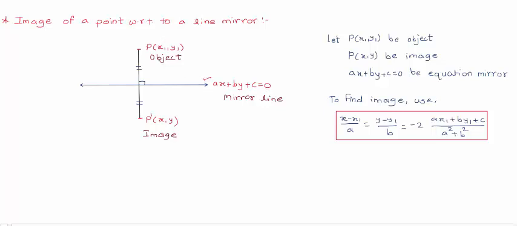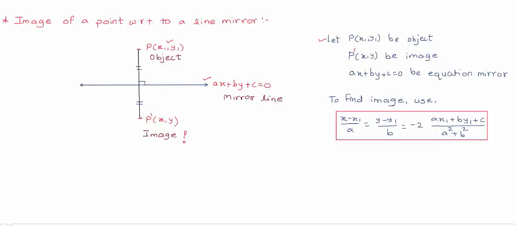There is a point, let us call it the object, with coordinates x1 comma y1, and we are supposed to find the image of that point P, called P dash. So look here students, let P x1 comma y1 be the object, P dash, that is x comma y, be the image, and ax plus by plus c equals 0 be the equation of the mirror.